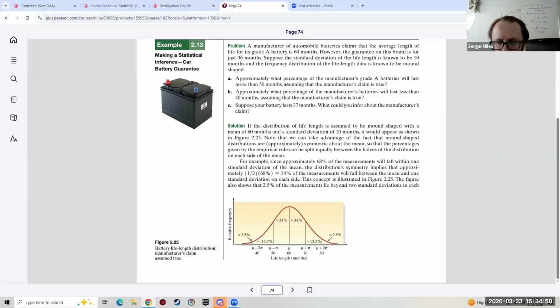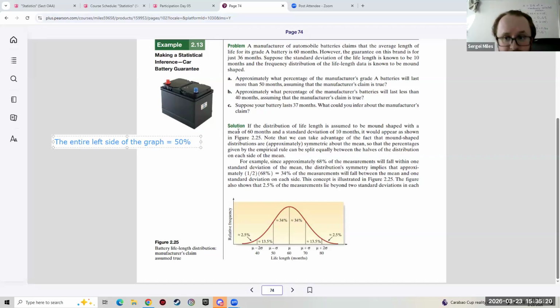What percentage of the population of these batteries is less than 40? Well, using the empirical rule, the entire left side of the graph is 50%, right?